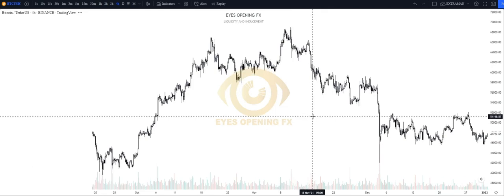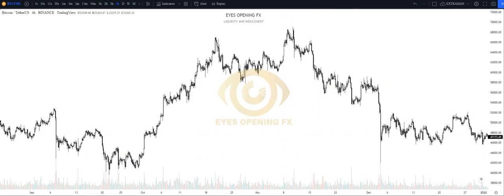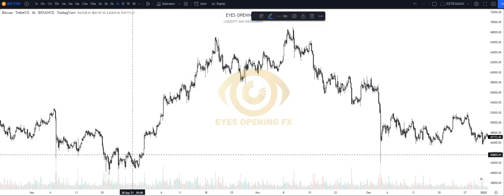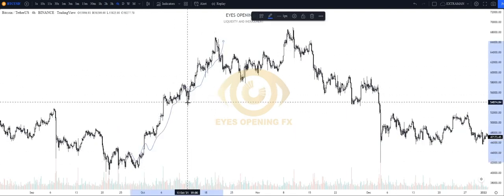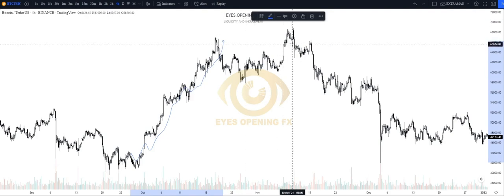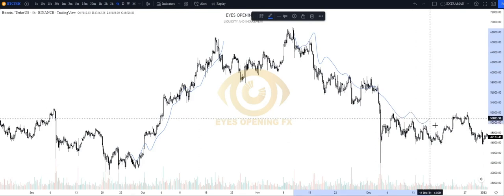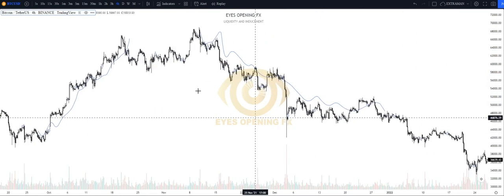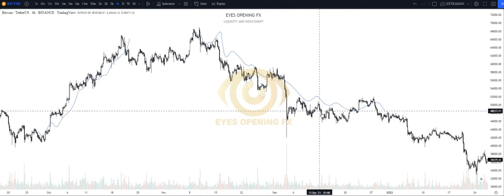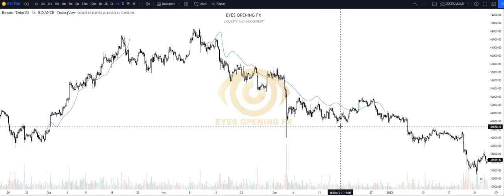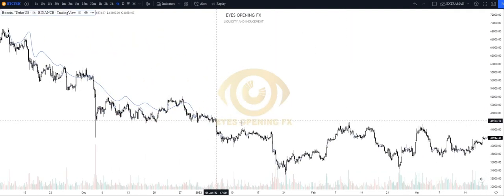Now, if you look at this higher time frame view here, you can see initially the market was trending to the upside. So this is what we call a trend. Here the market is trending to the downside. So this is an uptrend, while this is a downtrend. It has direction to the downside.